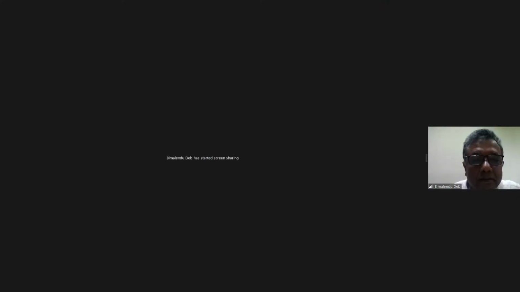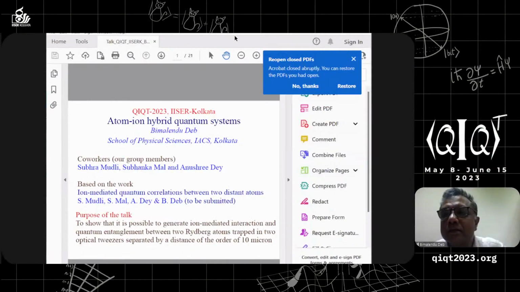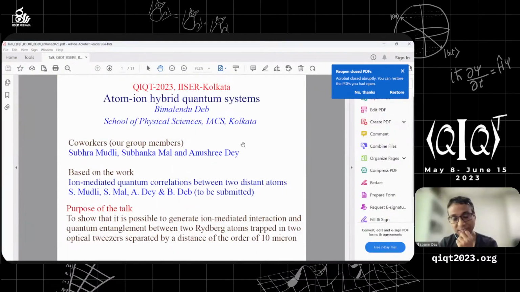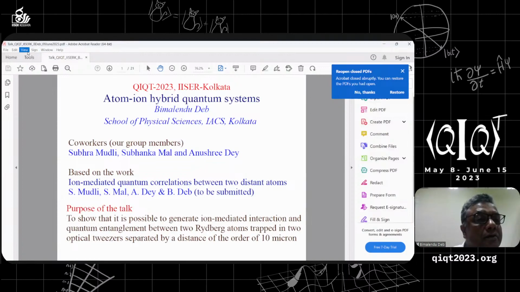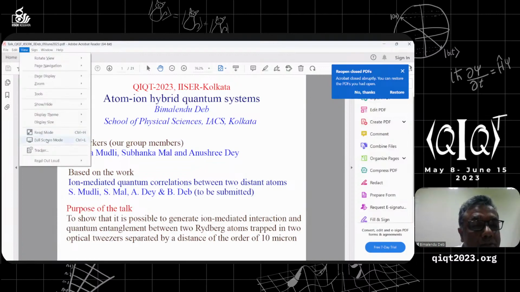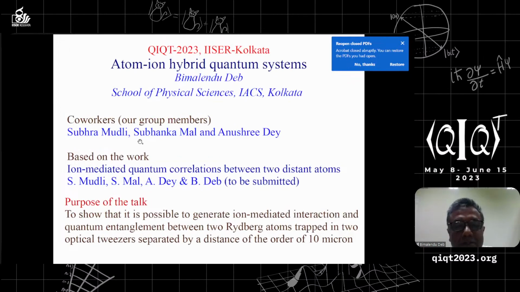Okay. Here screen. Can you see my screen? Yes, we can. Okay. Good. Screen mode. Okay. Very good.